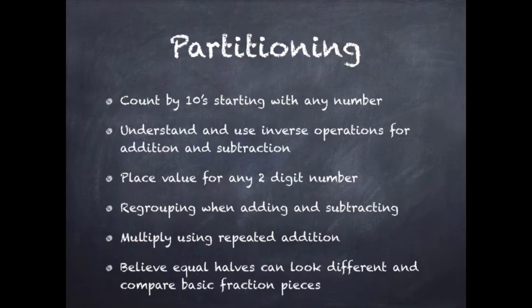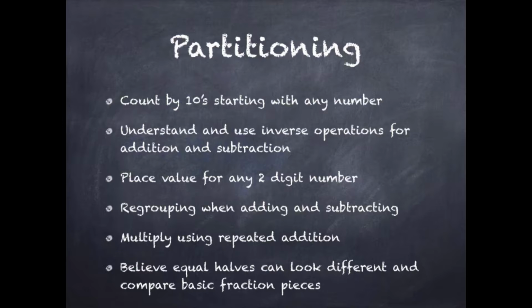And they're starting to develop a sense of fractions, so they're starting to believe that equal halves can look different and compare basic fraction pieces. What I have seen is kids do just fine with the number part, but in fractions, if they don't have enough experiences, you don't necessarily develop this by itself.